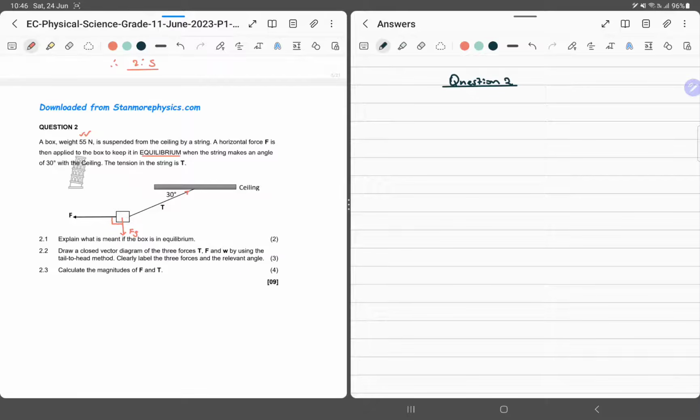Okay, all right. So it says now, what is meant if the box is in equilibrium. Okay, great.